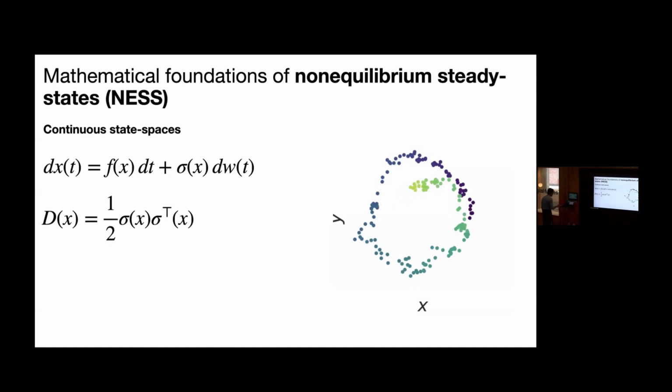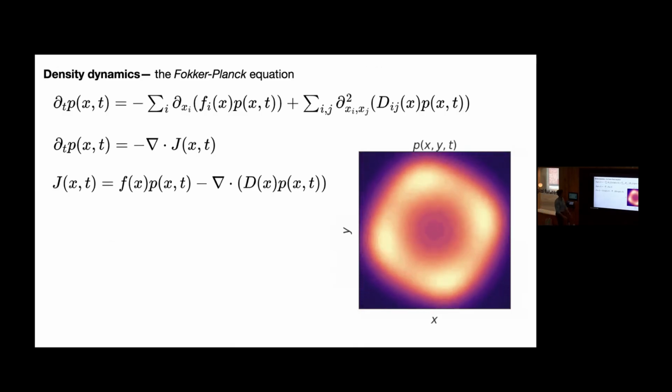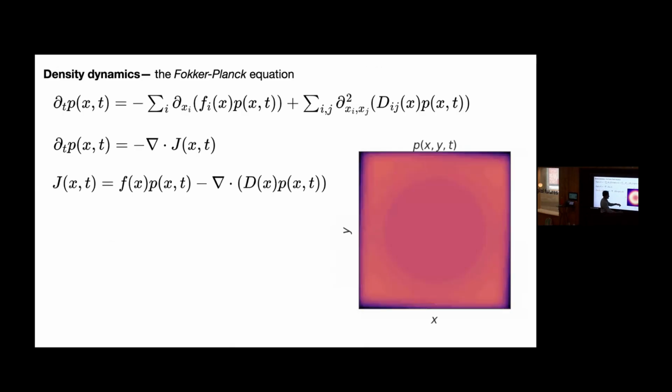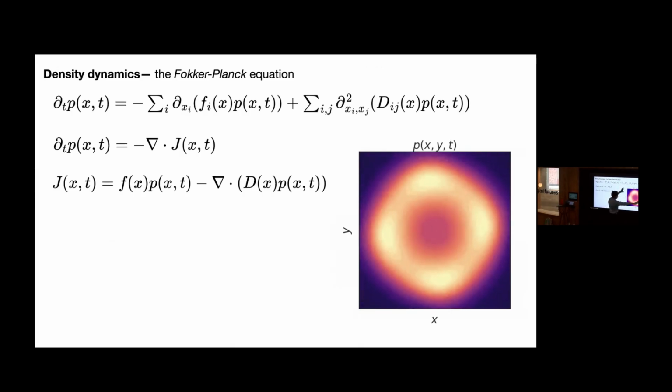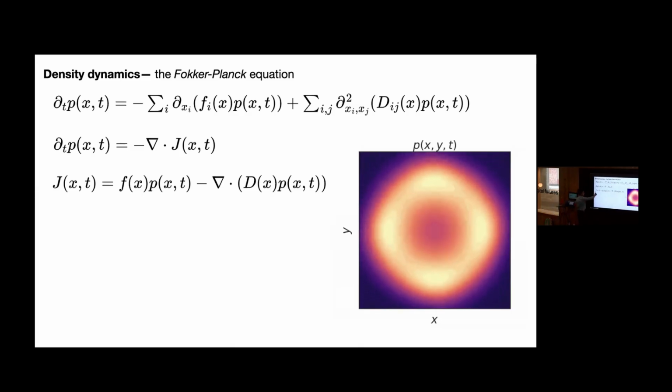And then that gives you what's called density dynamics, which are given by this Fokker-Planck equation, which looks a bit complicated, but it's a partial differential equation that tells you how p of x of t changes in time. So for this limit cycle, for example, if I start with some uniform distribution, it's basically going to close down to this donut. So you can imagine a limit cycle, circle plus noise, looks like a donut. Okay. And it's given by the divergence of this, which we call the probability flux.